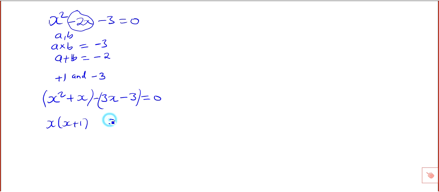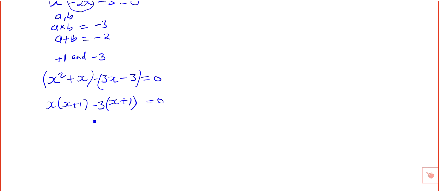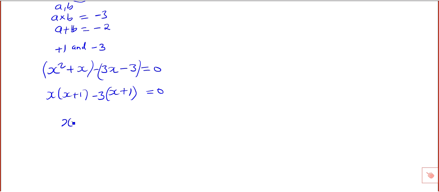Now I need to have x plus 1 also on this side, and for me to achieve that, I shall bring 3 outside. This is what is called factorizing. This 3 is a negative, and everything equals 0. Now pick one of the brackets, which is x plus 1, and then we take the x, and then minus 3, put in another bracket, is equal to 0.